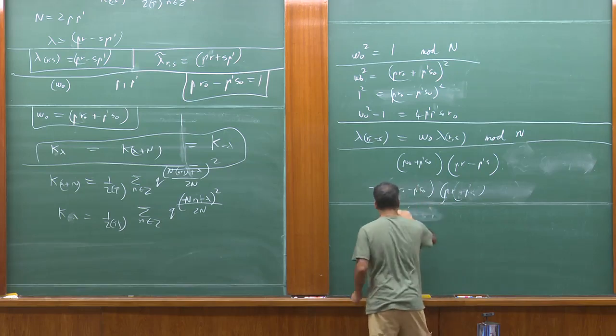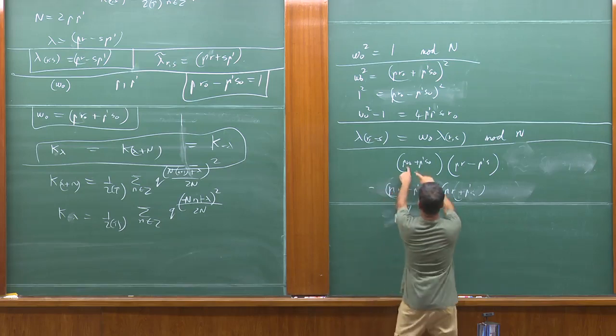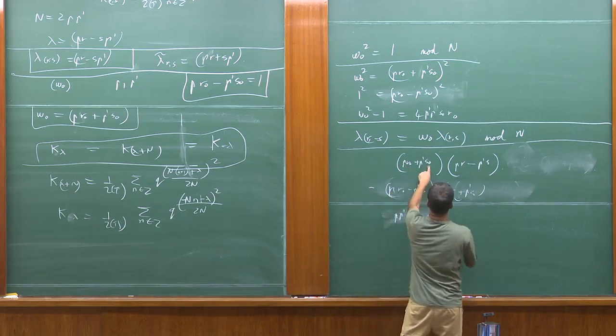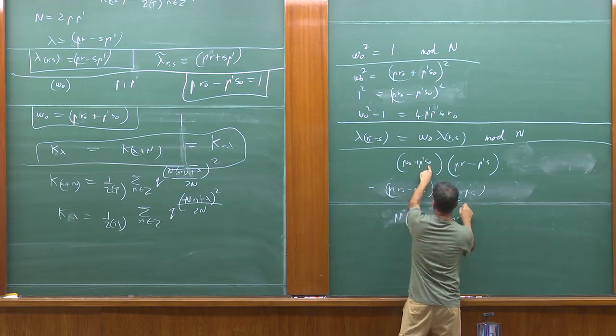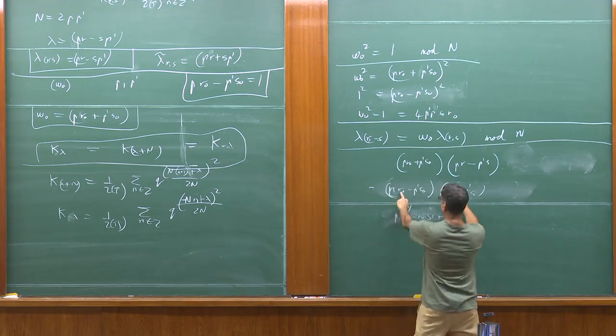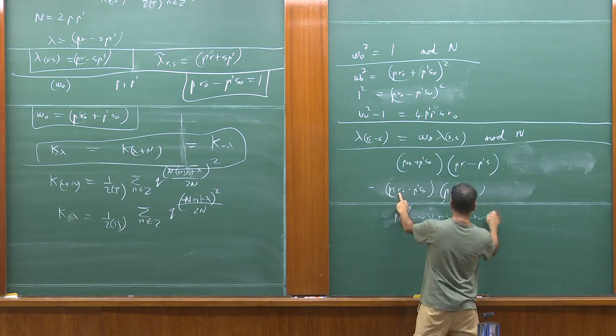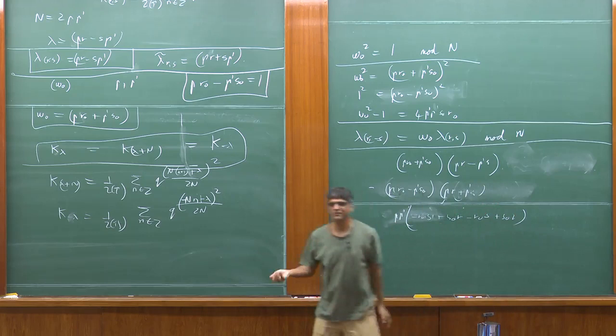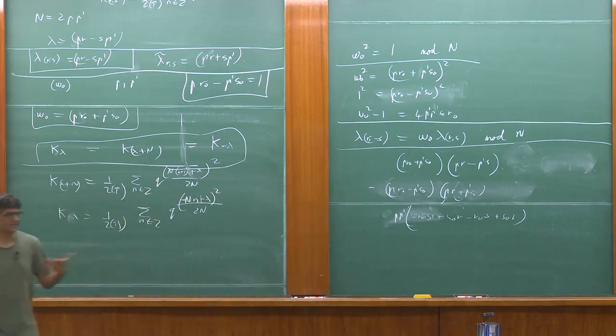I'll just write them all down. So this is minus r naught s plus s naught r, and then minus r naught s plus s naught r. Okay, so we've got a factor of 2. That term comes.